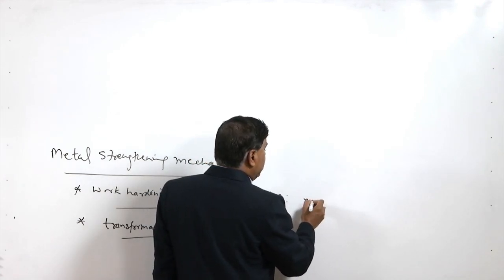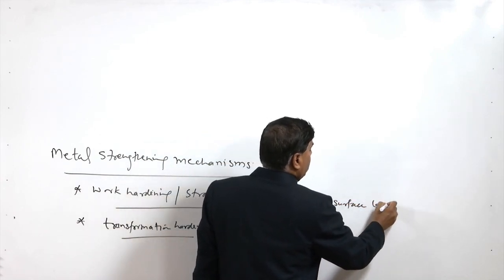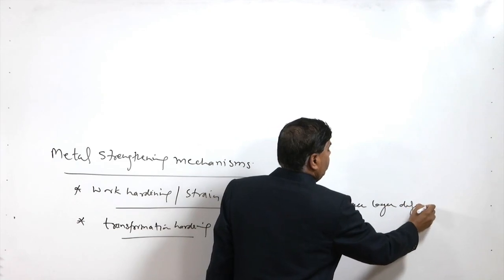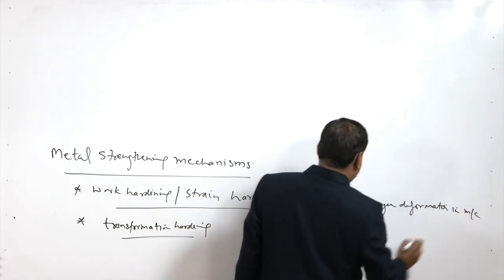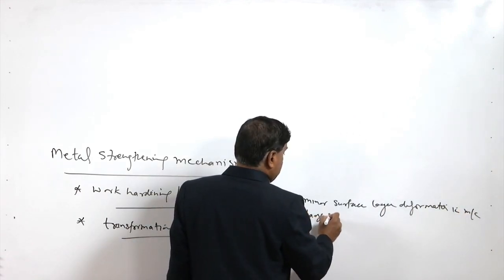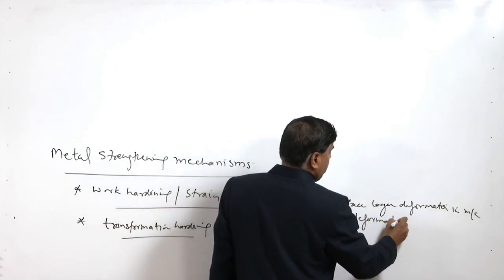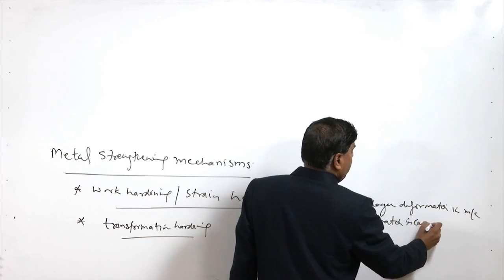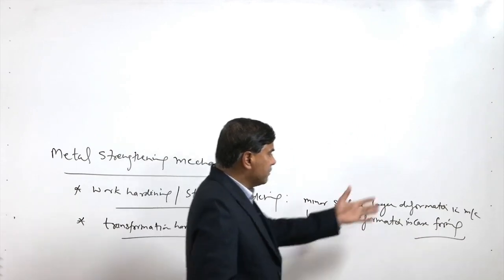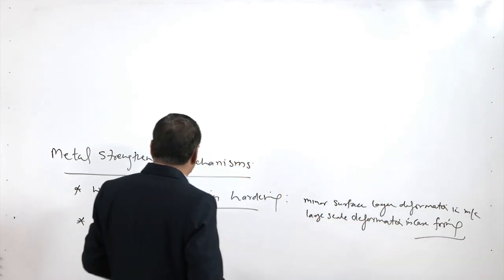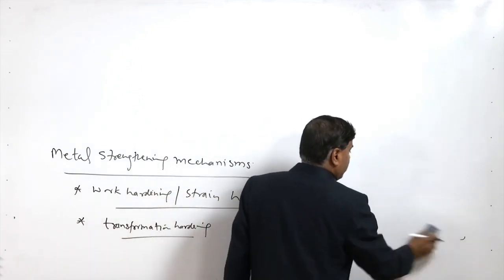So, minor surface layer deformation in machining or large scale deformation in case of the forming based processes. These are the two categories of the processes where some kind of work hardening and deformation will be occurring during the manufacturing.